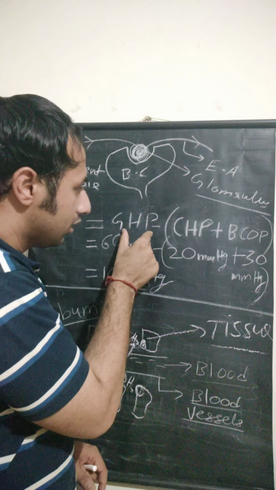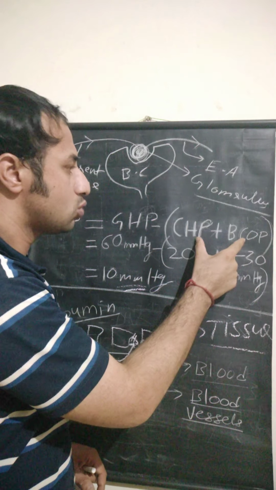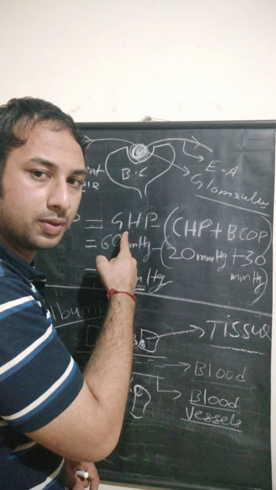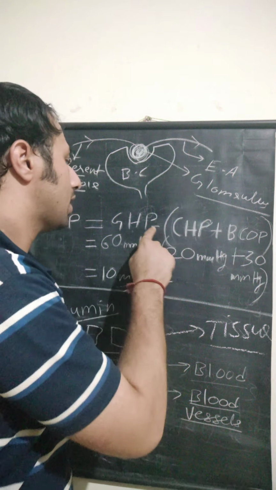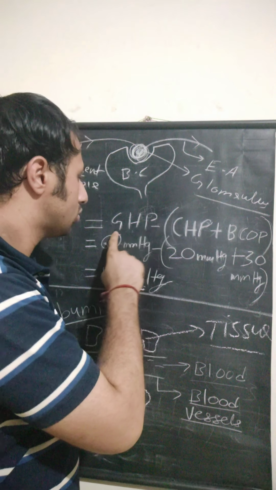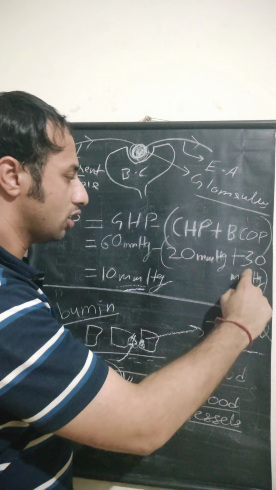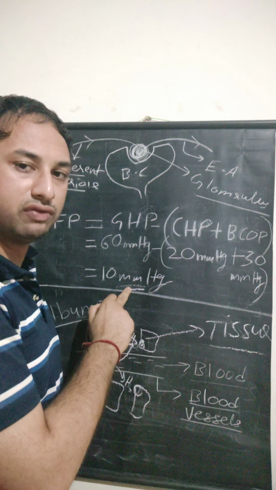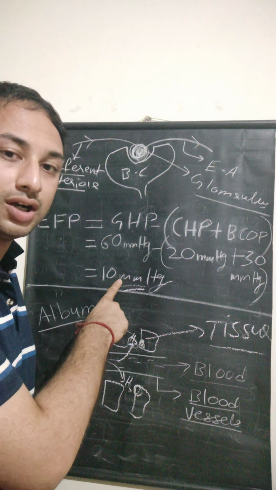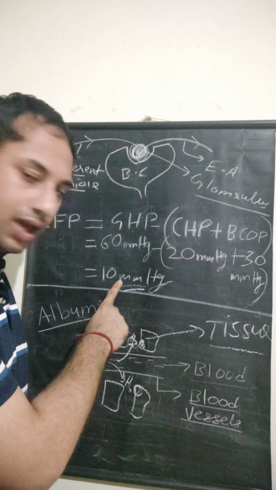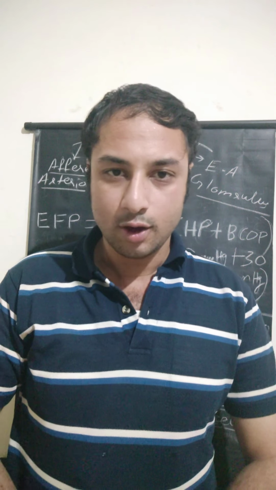So these two are enemies of the glomerular hydrostatic pressure. That's why I have written minus here: GHP minus CHP plus BCOP. If you solve this, the effective filtration pressure comes to 10 mmHg. I hope you understood this. Okay, thank you.